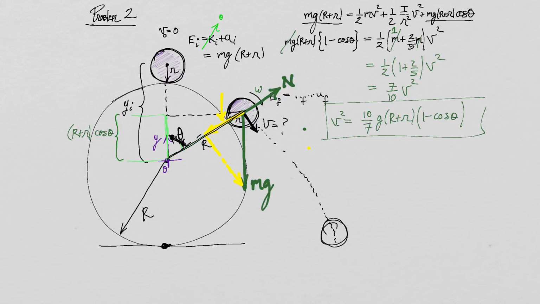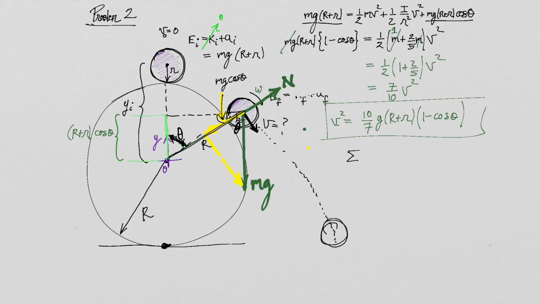If that's theta, this is 90 minus theta, but this is a right angle, so this angle here is also theta. Okay, so the little yellow line here pointing to this vector, that component of mg is therefore mg times cosine theta.